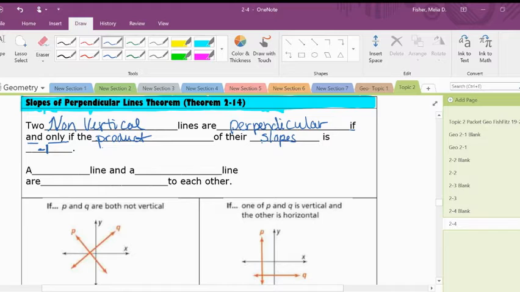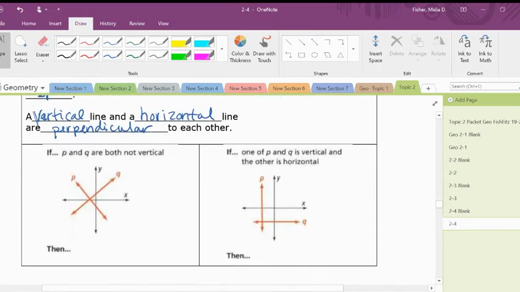A vertical line and a horizontal line are perpendicular to each other.